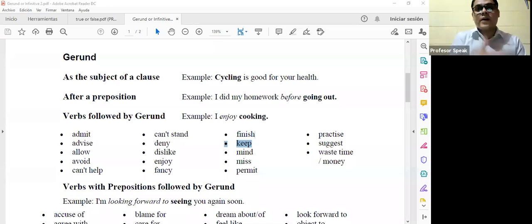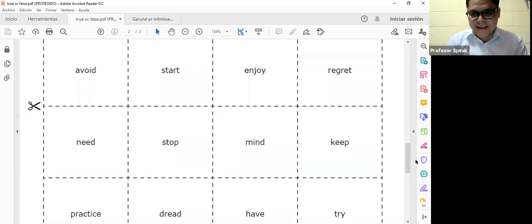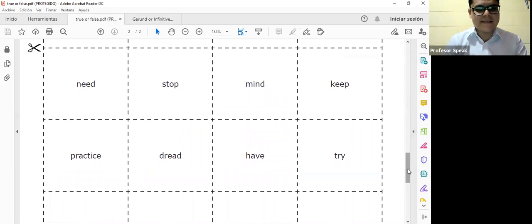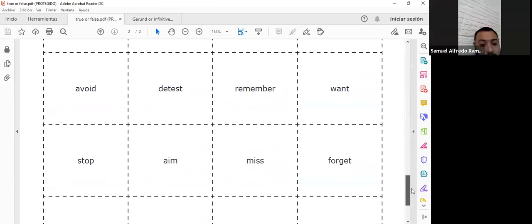So it means that you are a good worker at the office pretty much all the time. Okay, what about the next verb? Practice. Is practice followed by a gerund or infinitive?